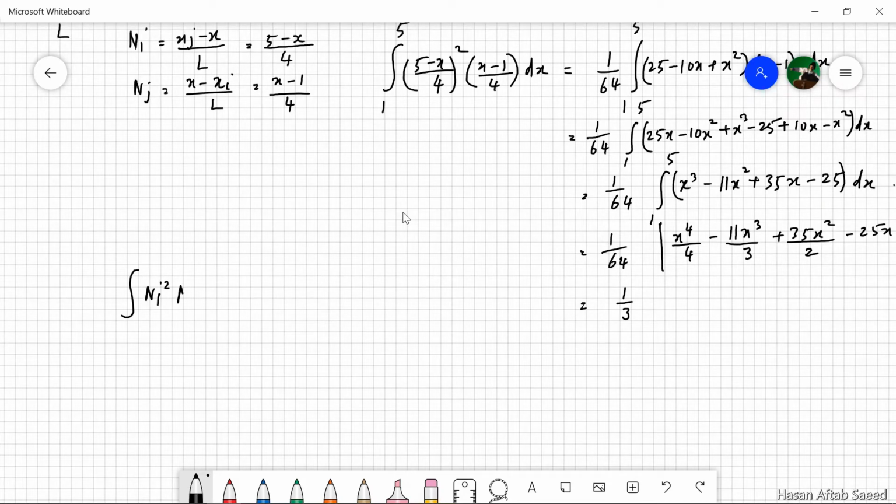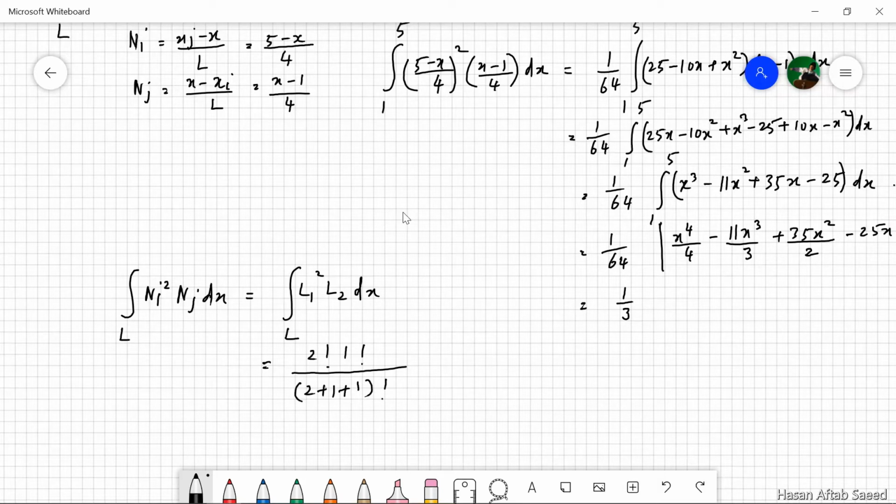Now compare this with the factorial formula. Ni square Nj dx over length can be replaced by L1 square L2 dx over length, because shape functions and natural coordinates are equivalent. Alpha is equal to 2 and beta is equal to 1. Now 2 factorial 1 factorial over 2 plus 1 plus 1 factorial, into length, which in this case is 5 minus 1, 4.